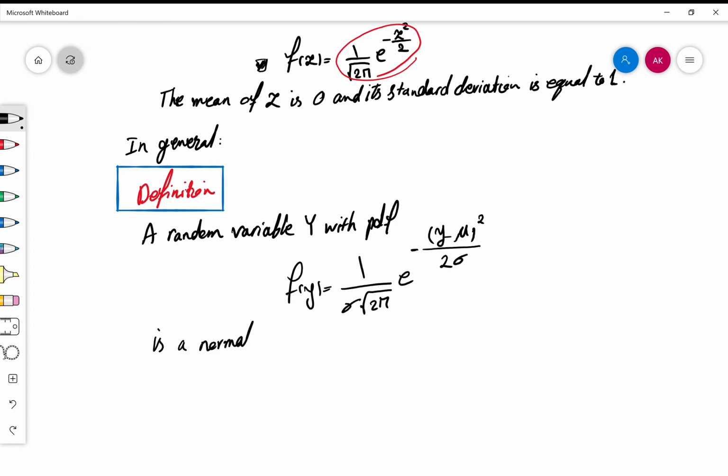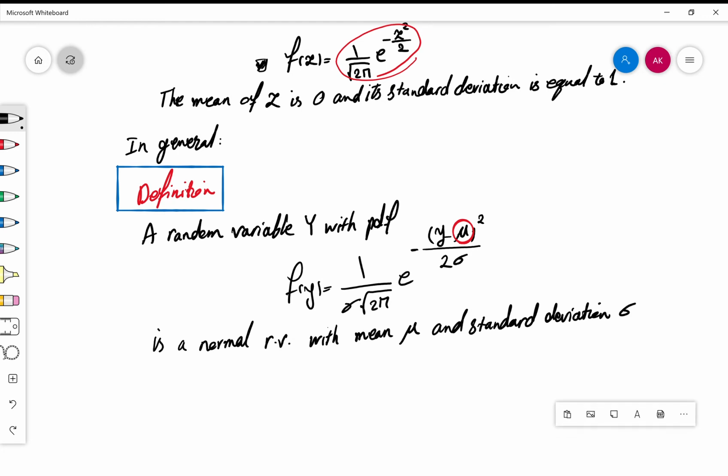So this is the definition: a normal random variable with mean mu. So this number here that we subtracted from y is the mean, and standard deviation sigma.